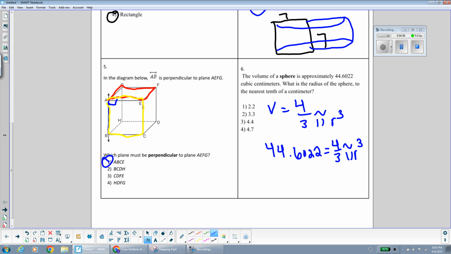On my calculator, I'm just going to get my fraction button, and I'm going to take 44.6022, and I'm going to divide by 4/3 pi.